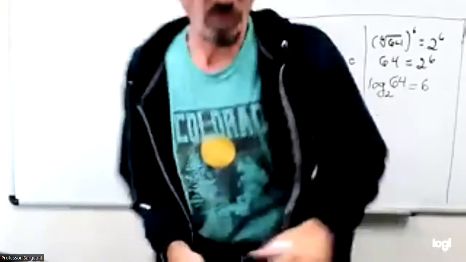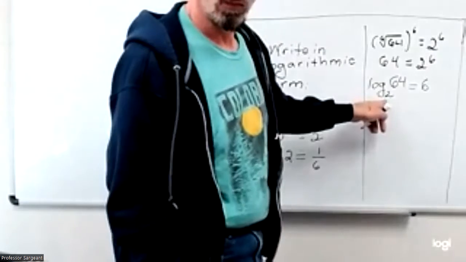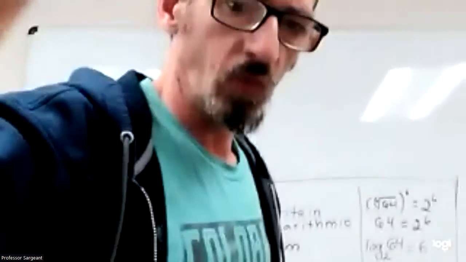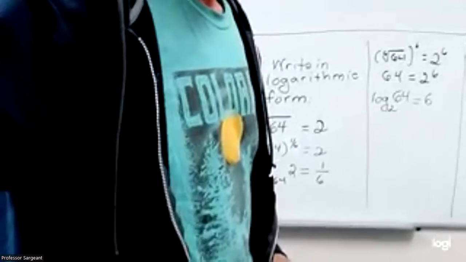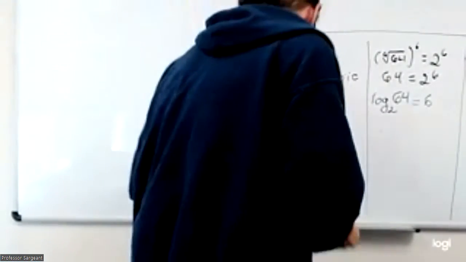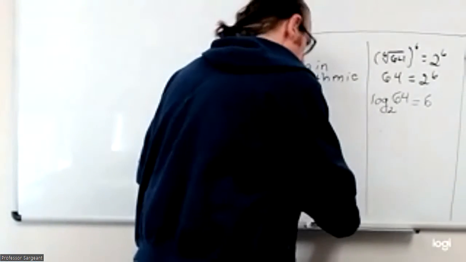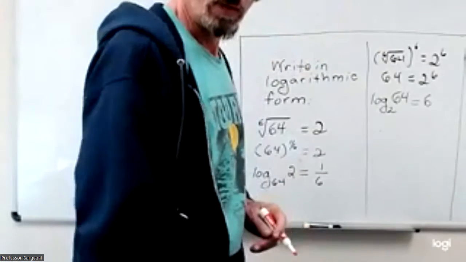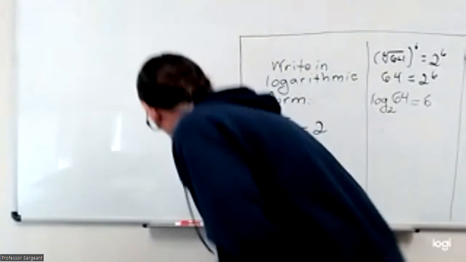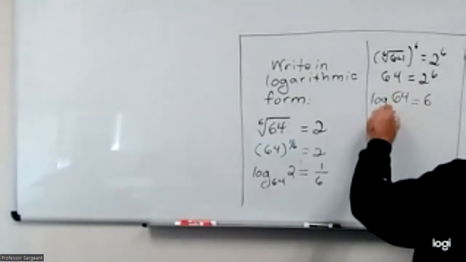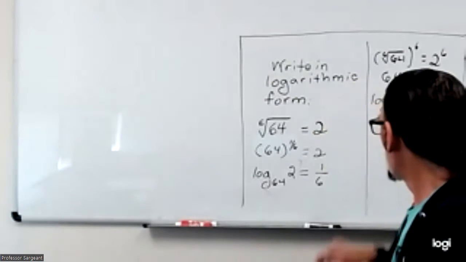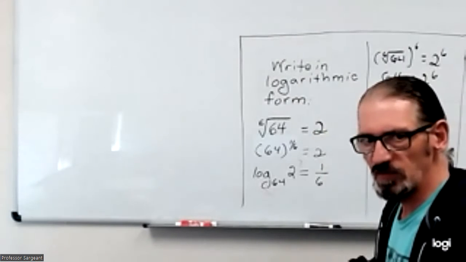That would be saying what power of 2 would give you 64, and that is going to be 6. So what I noticed about this is that we're seeing a reversal of the base and the, I believe it's called the argument of the logarithm, and that these were reciprocals of each other.